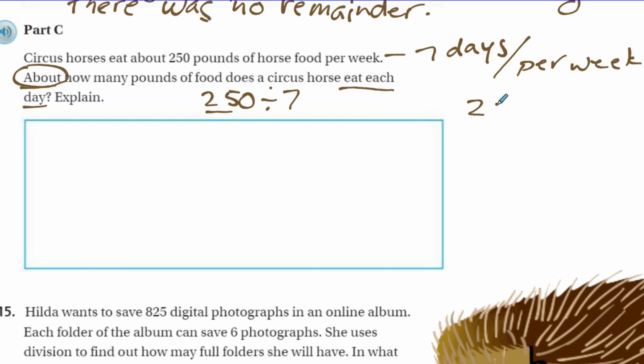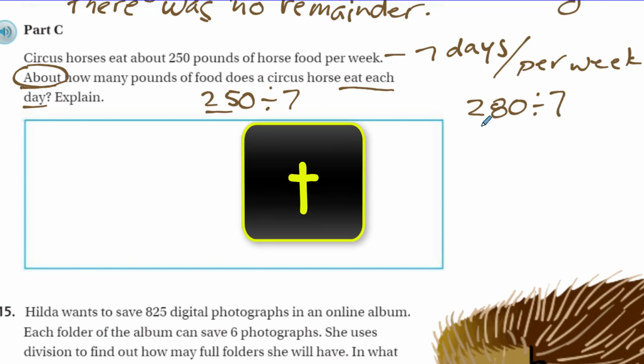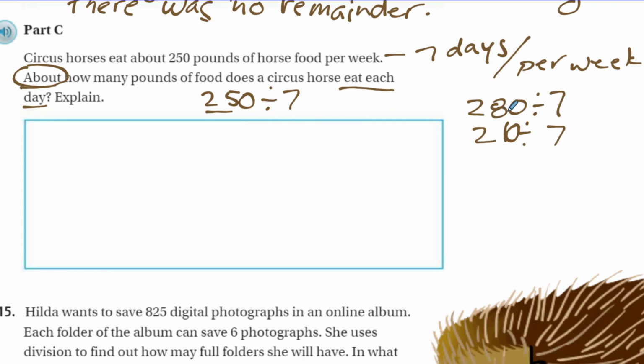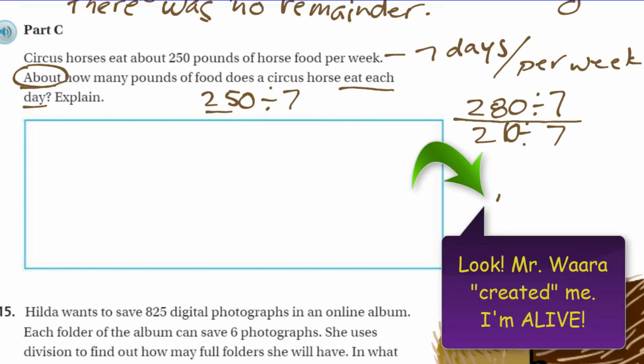So one possible estimation could be 280 divided by 7. And the only other one that's closer would be if you came all the way to 21. Now, this is 40 pounds off from here, and this is only 30. So I'm going to go with this one here because I think that one makes the most sense.